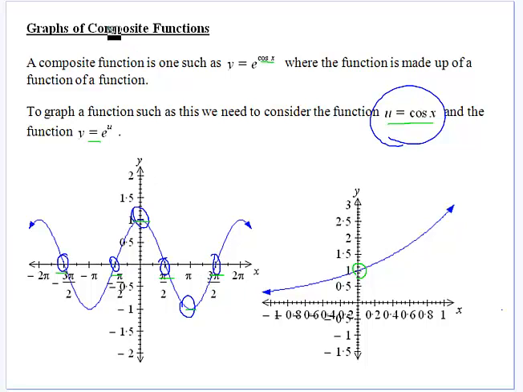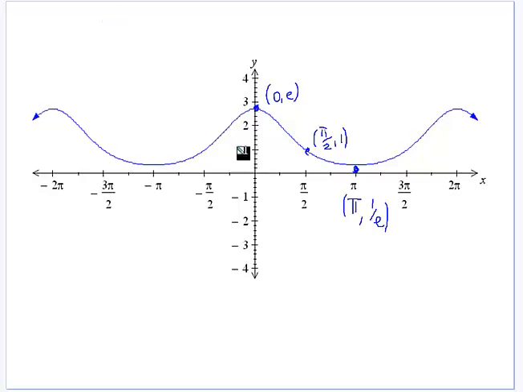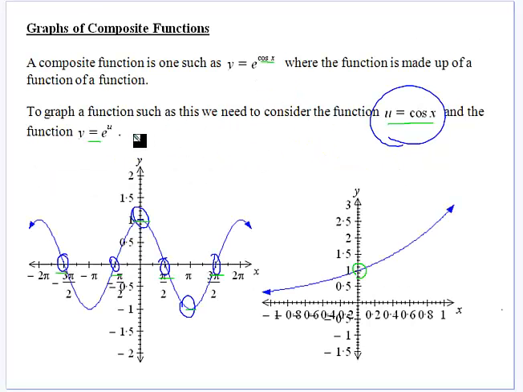So when we graph that up, what does it start to look like? Well, we start to get this situation. As I said, whenever it was 0, it becomes 1. So e to the power of 0 was 1, and e to the power of 1 becomes e, and e to the power of minus 1 is 1 on e.